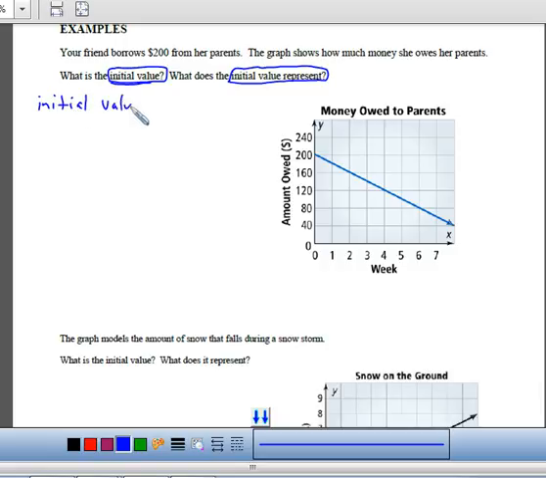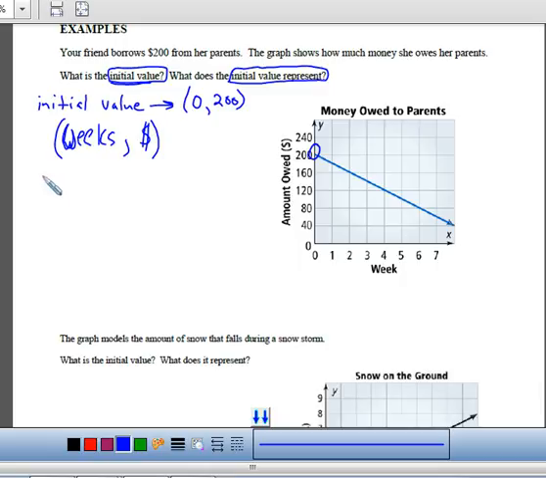is, remember, when the input is 0. So I'm going to go over here, and you know what, sometimes the output is going to be 0, but in this case it's not, it's right here, it's 200. So if we think about the x and the y axis and what they stand for, the x is the weeks, and the y value is the money, right? Weeks and money. So that's going to help us answer the second part. What does the initial value represent?